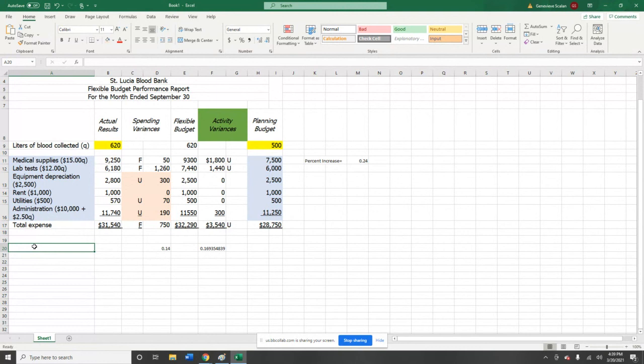Every liter of blood is supposed to be tested. Should cost me $12 each. What's going on here? So that could be a problem. Even though we ended up with a favorable variance, we could have a problem of some other kind. So that's why you want to look at all of them and really use your brain and logic those out.